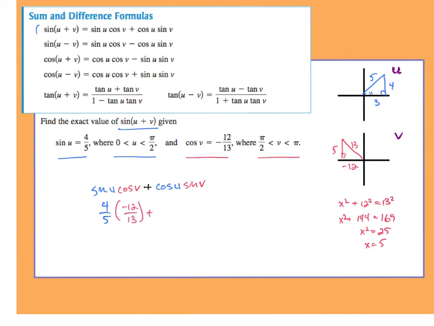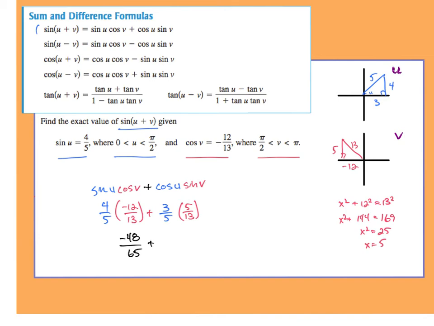Plus, what is the cosine of my u triangle? 3/5. And then times, what's the sine of my v triangle? 5/13. And now we just have to do a little bit of math. All right, so what's 4 times negative 12? Negative 48. And then 5 times 13 is 65.